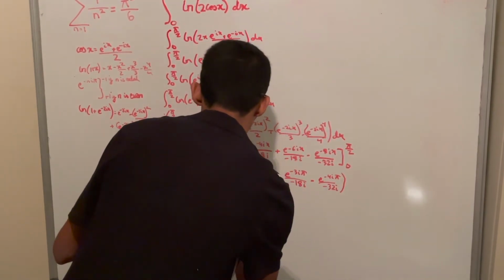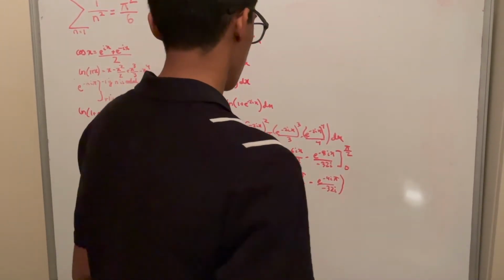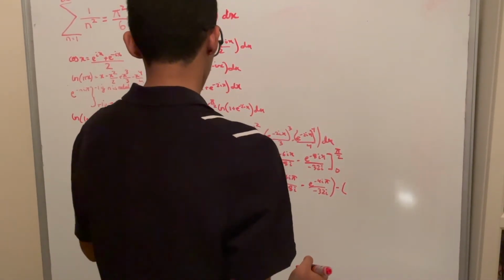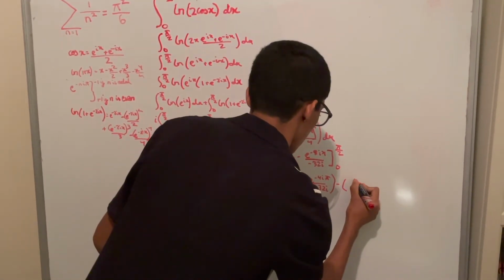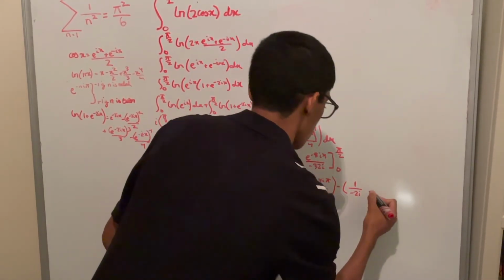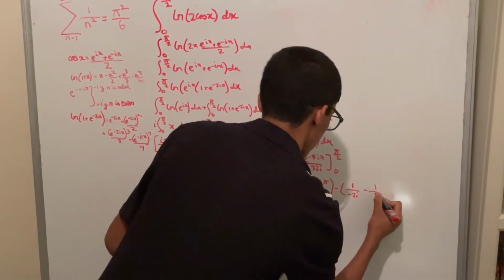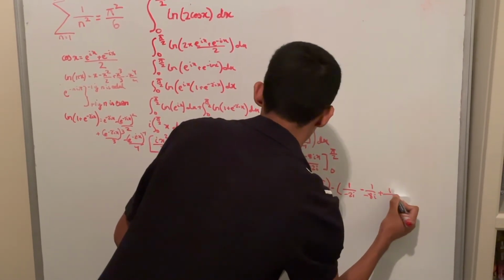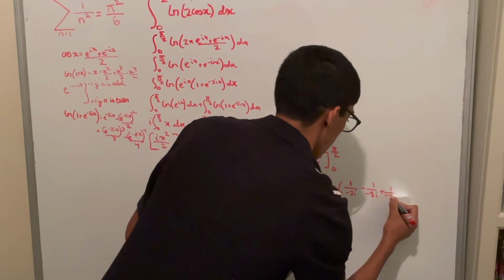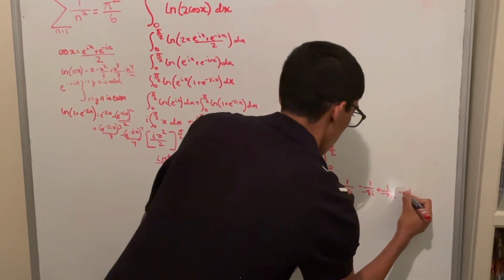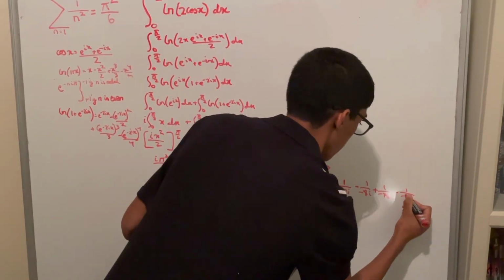And now, when we replace 0, we get 1 over minus 2i minus 1 over minus 8i plus 1 over minus 18i minus 1 over minus 32i.